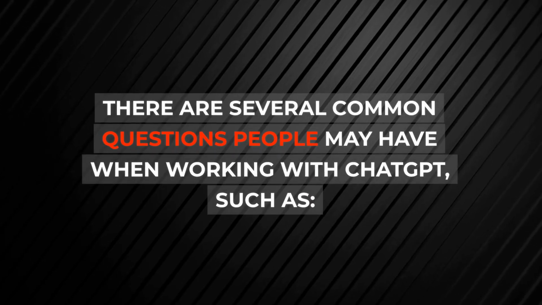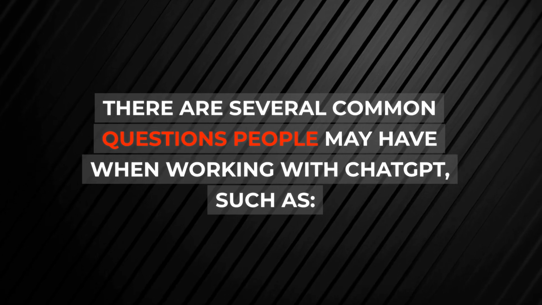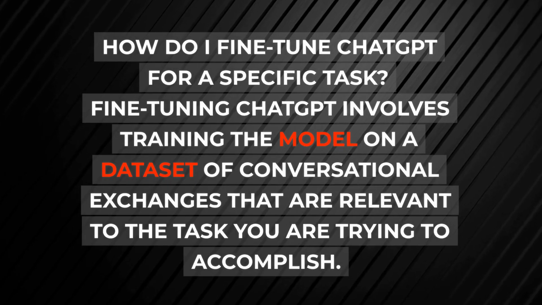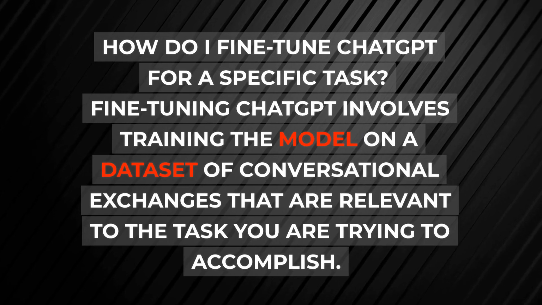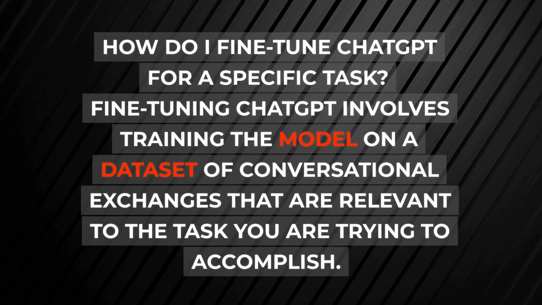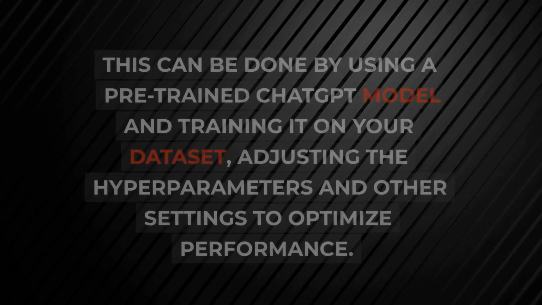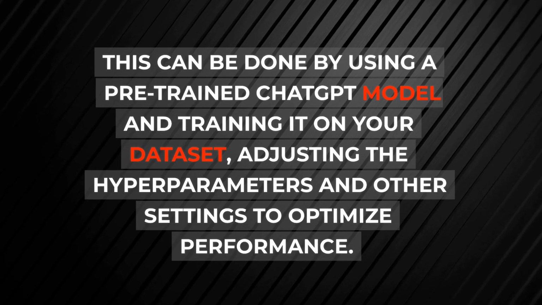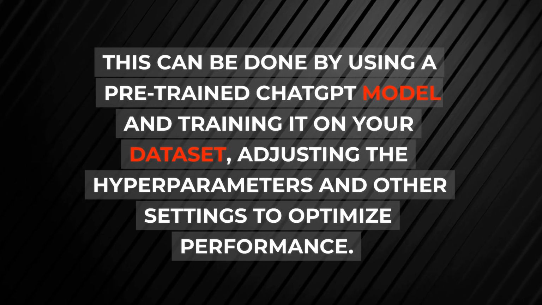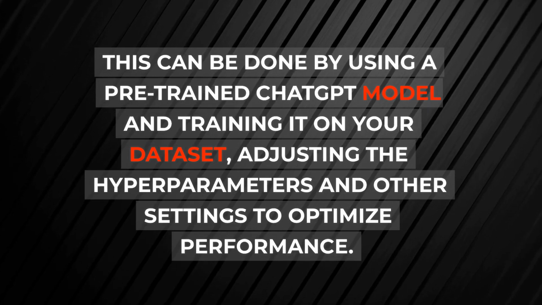There are several common questions people may have when working with ChatGPT, such as: how do I fine-tune ChatGPT for a specific task? Fine-tuning ChatGPT involves training the model on a dataset of conversational exchanges that are relevant to the task you are trying to accomplish. This can be done by using a pre-trained ChatGPT model and training it on your dataset, adjusting the hyperparameters and other settings to optimize performance.